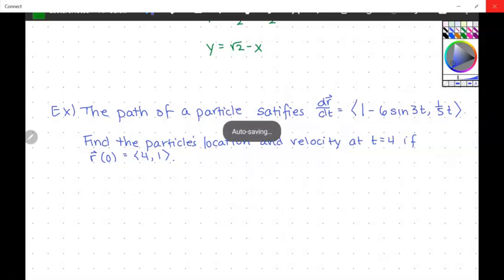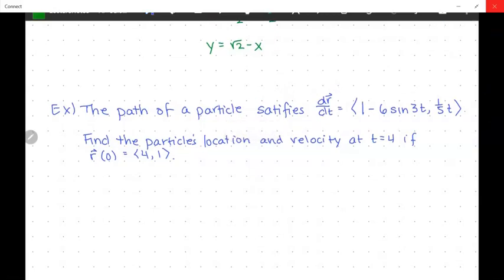So what are we going to do here? Anybody have an idea for either location or velocity? Yeah, you're right.